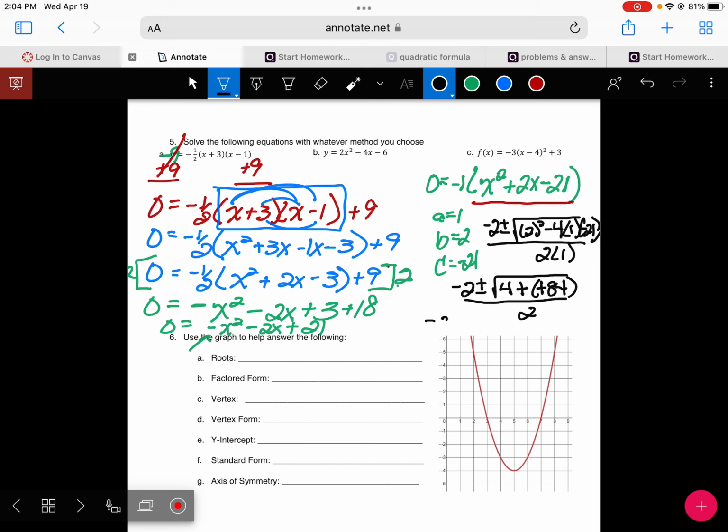So opposite of 2 plus or minus the square root of 88 divided by 2. You could simplify that a little and say that is -1 plus or minus the square root of 88 over 2. That's x equals.